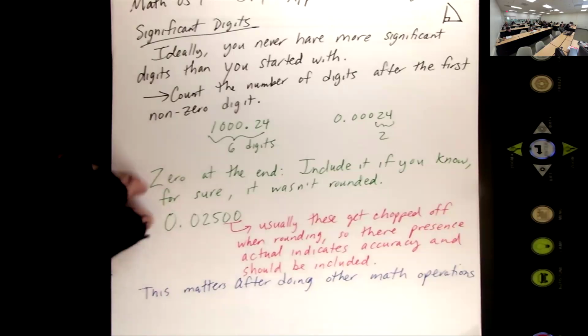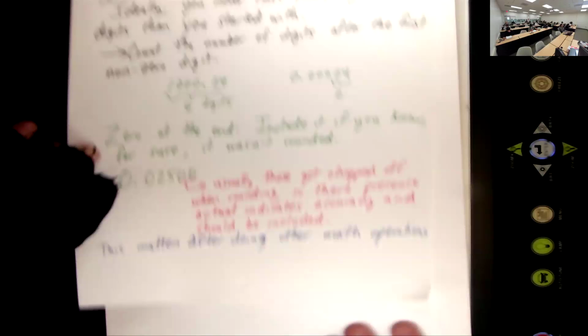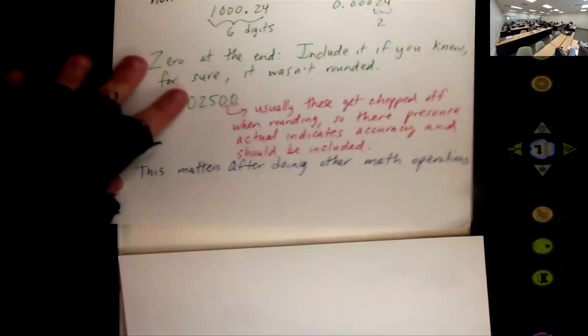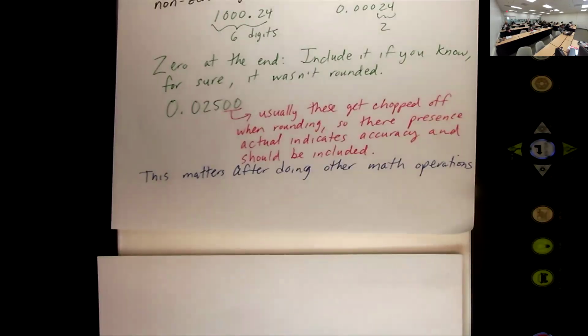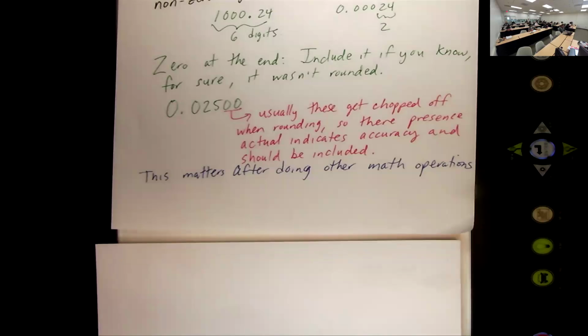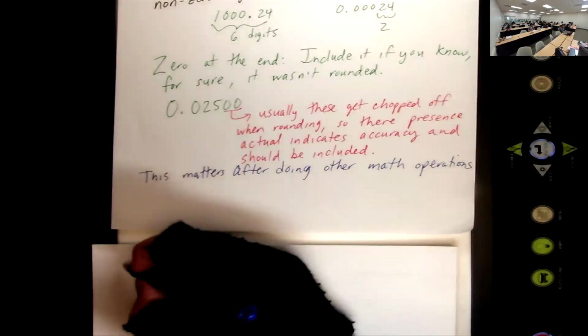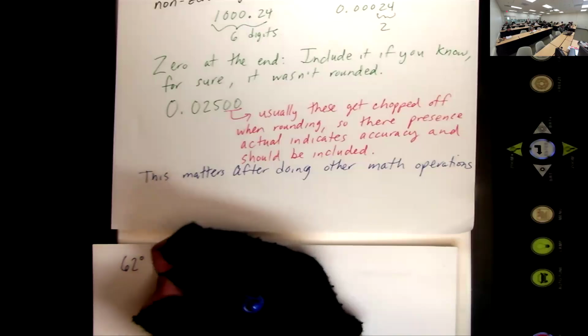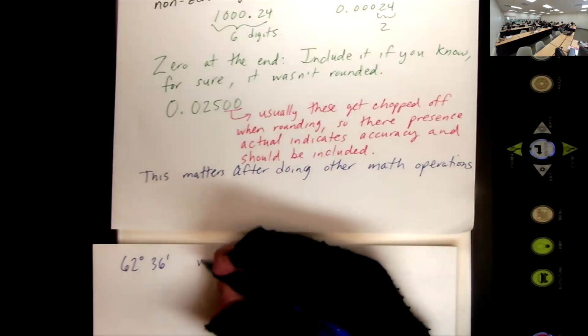That's some weird examples, but I'm gonna go through them. Let's say we had 62 degrees, 36 minutes, and we round to the nearest degree.